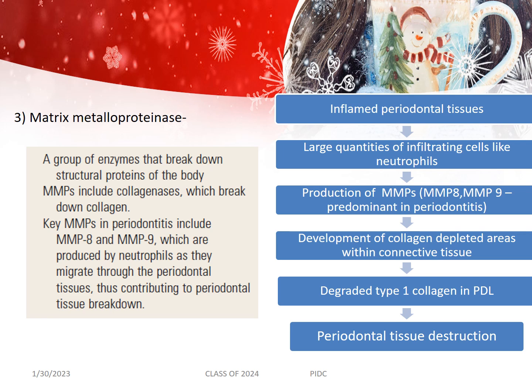So, if you don't understand, I have again put it forward in the form of a flowchart, wherein inflamed periodontal tissues have a large number of infiltrating cells like neutrophils. Neutrophils, in response to the microbes, tend to produce certain products such as matrix metalloproteinases. The main ones predominant in periodontitis have been found to be MMP8 and MMP9.